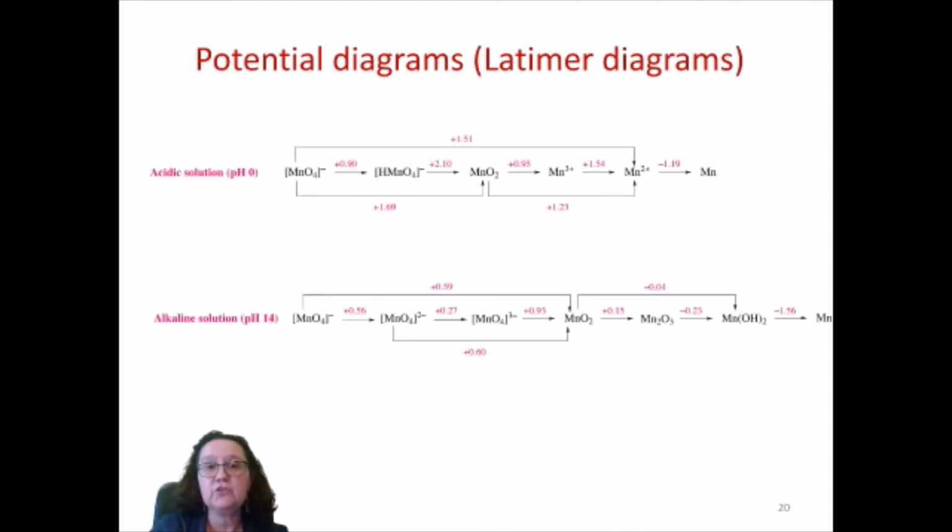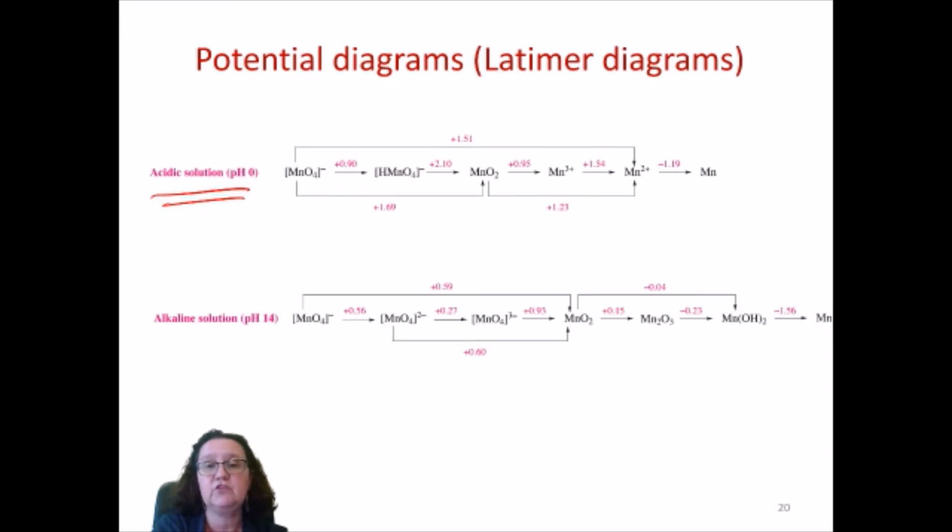Potential diagrams, also called Latimer diagrams because of the chemists that came up with the idea, are a way of giving an overview of all the oxidation reduction processes that happen for a particular element at a particular pH. So for example, this is an example of the various species manganese can stabilize at pH 0 and the electropotentials in between those reactions. So in one, you have all this information of all these reduction processes.